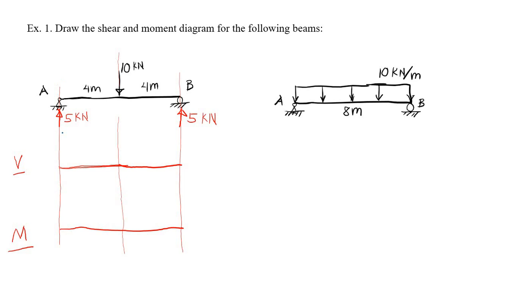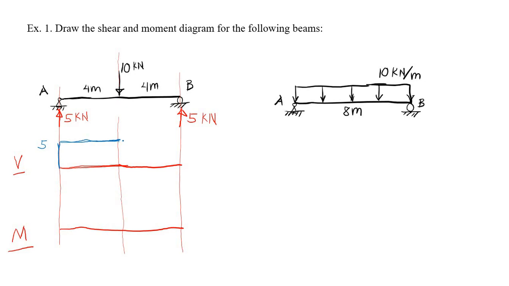for shear, we have positive 5. We'll start from the leftmost support A. We have 5. And there are no other forces acting, therefore this must be a horizontal line here. And we have here a downward force. This is our load.